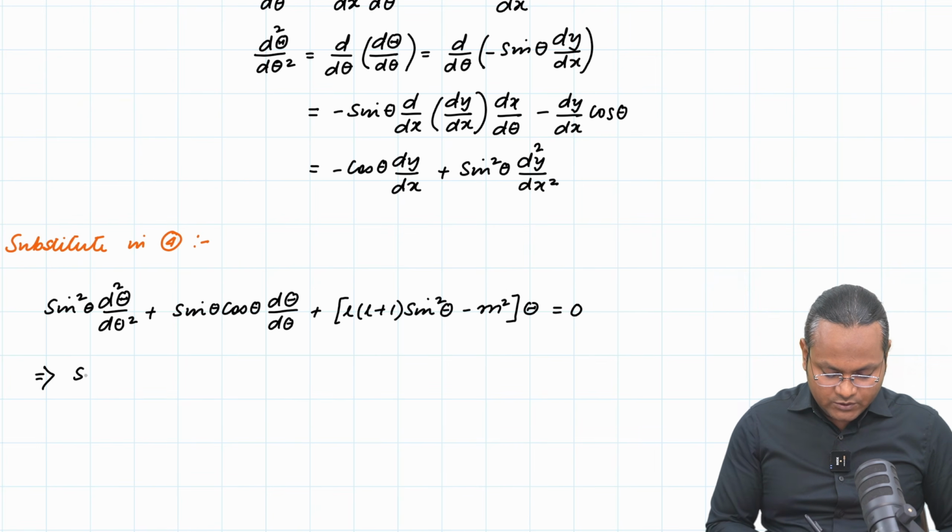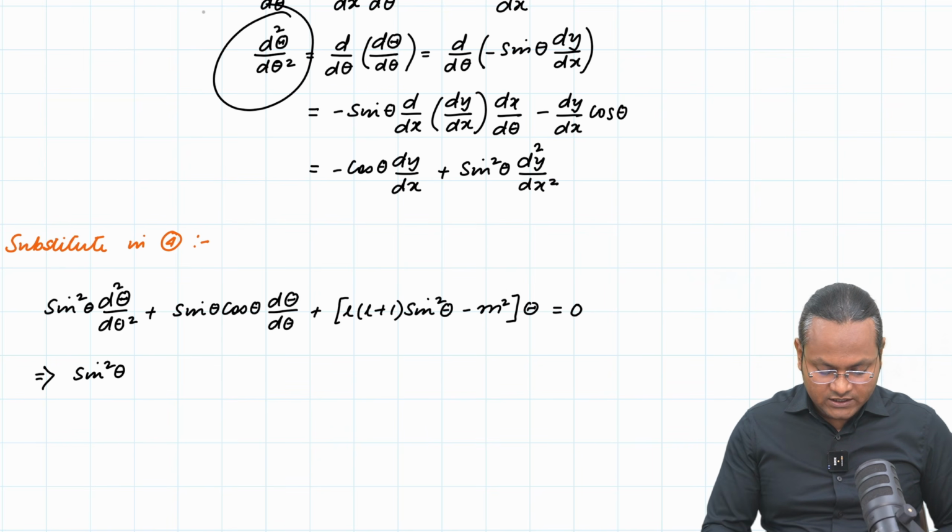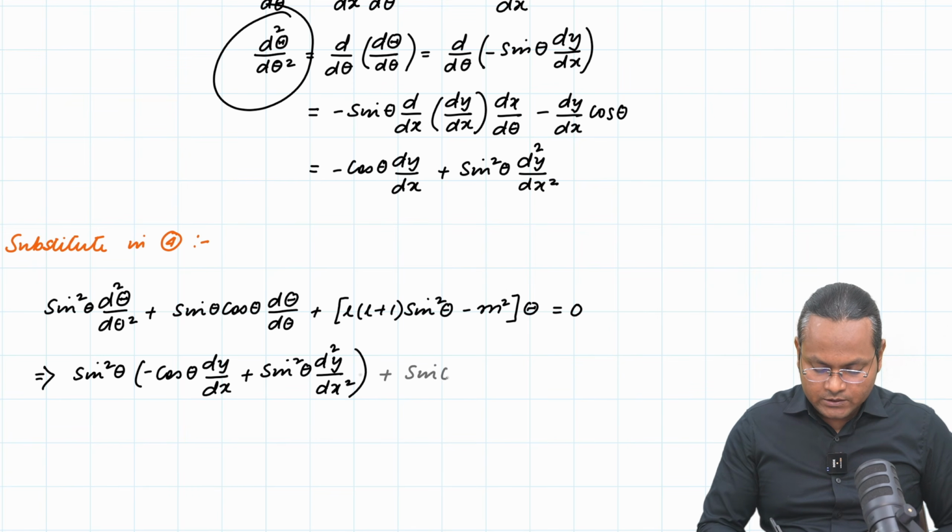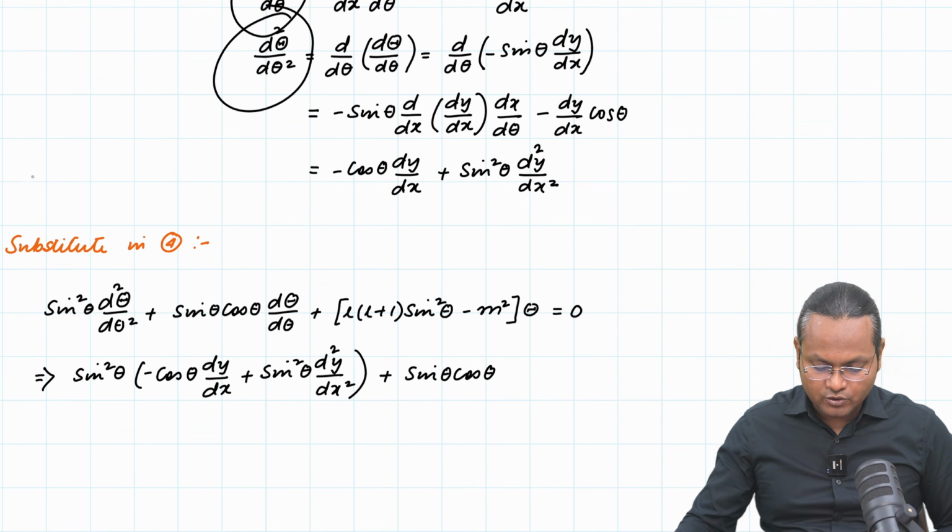sine square theta, what is d2 theta upon d theta 2? It is nothing but minus cos theta dy upon dx plus sine square theta d2 upon dx2, sine theta cos theta, and this original term we have minus sine theta dy upon dx.